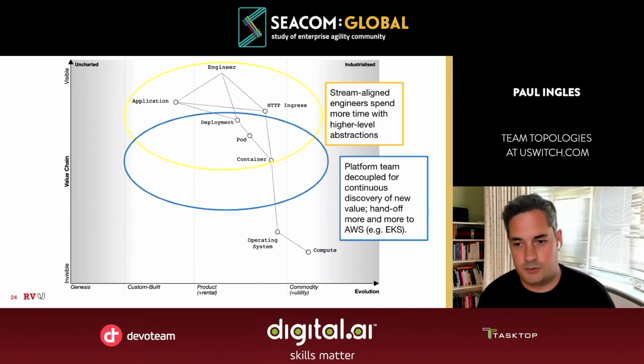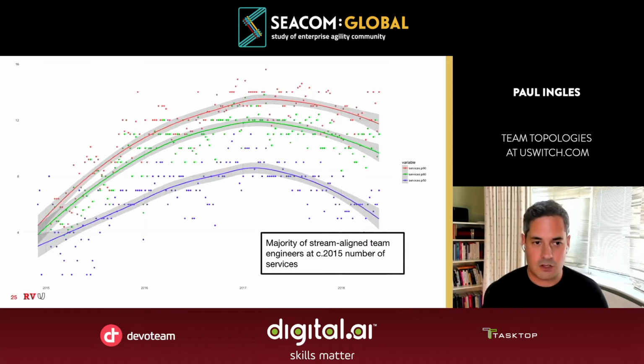There's no need for us to be doing things that Amazon are doing, but by using the abstractions, it makes it possible for us to pull the whole organization across and then gradually hand more off to Amazon as Amazon commoditize things. So in the early days, EKS didn't exist. As soon as it was available, we could migrate people across because we'd done all of the other work. And that frees us up to then spend more time doing more interesting things.